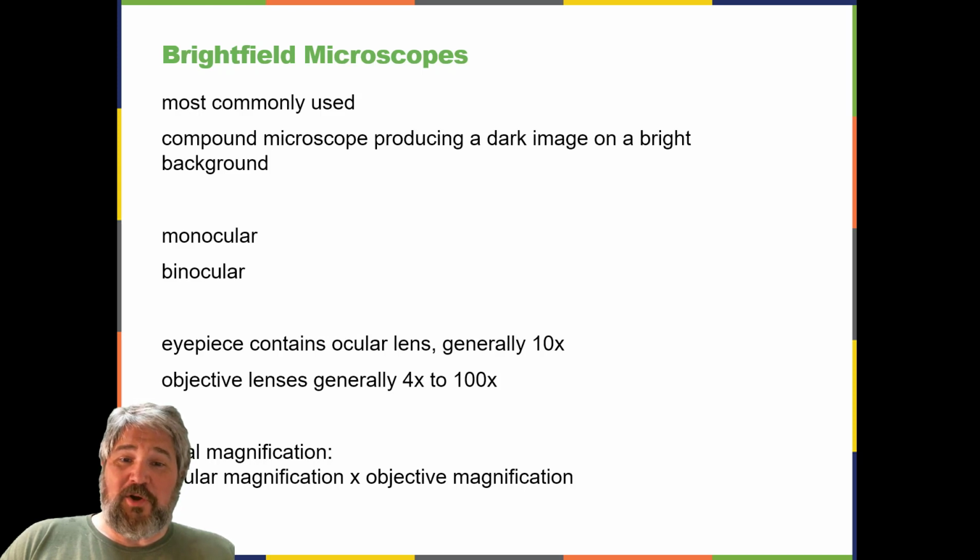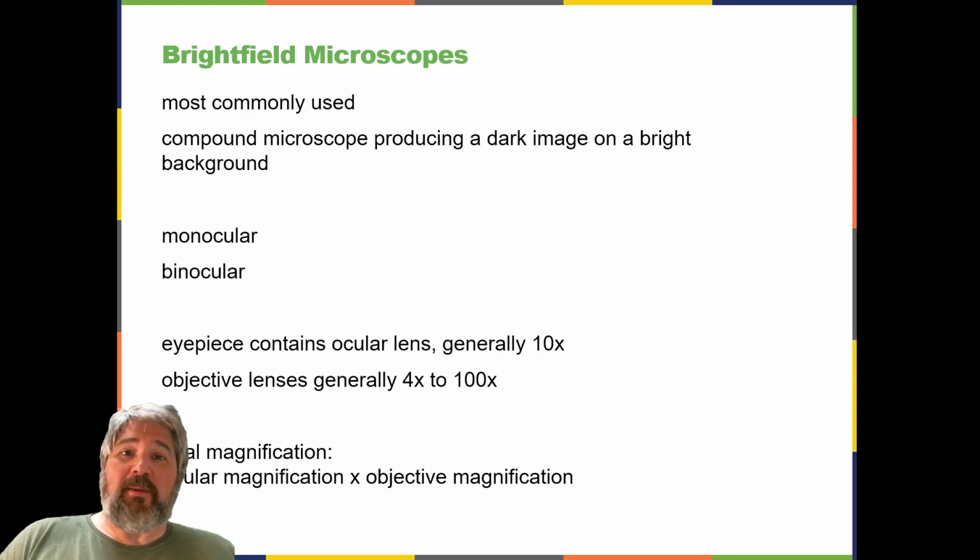The Brightfield microscope, perhaps the most commonly used type of microscope, is a compound microscope with two or more lenses that produce a dark image on a bright background. Some Brightfield microscopes are monocular, having a single eyepiece, though most newer Brightfield microscopes are binocular, having two eyepieces, like the one shown in the figure on the next page.